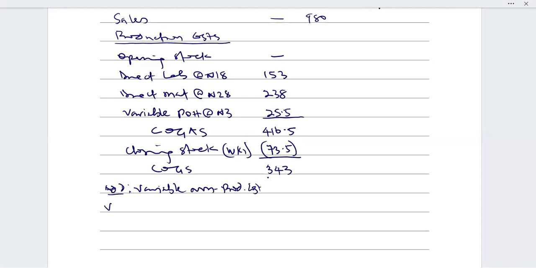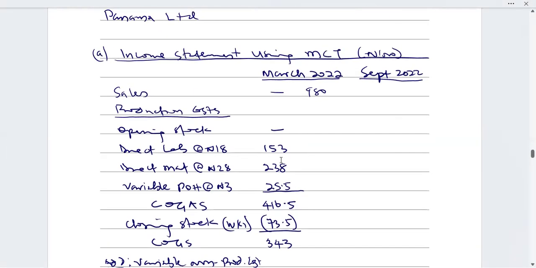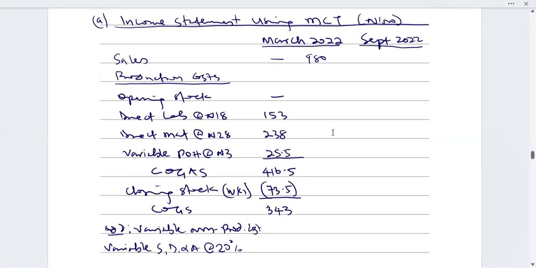So we have variable selling, distribution, and admin at 20%, because you can see the examiner said 20% of sales value. What's our sales value in March? Our sales value is 980.